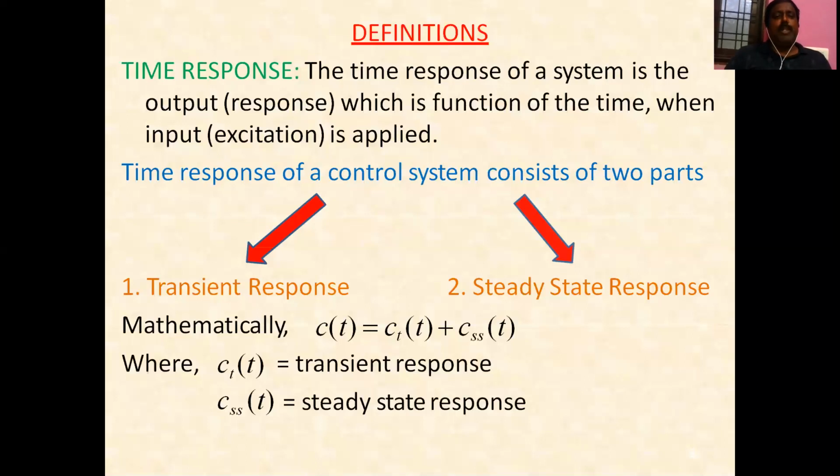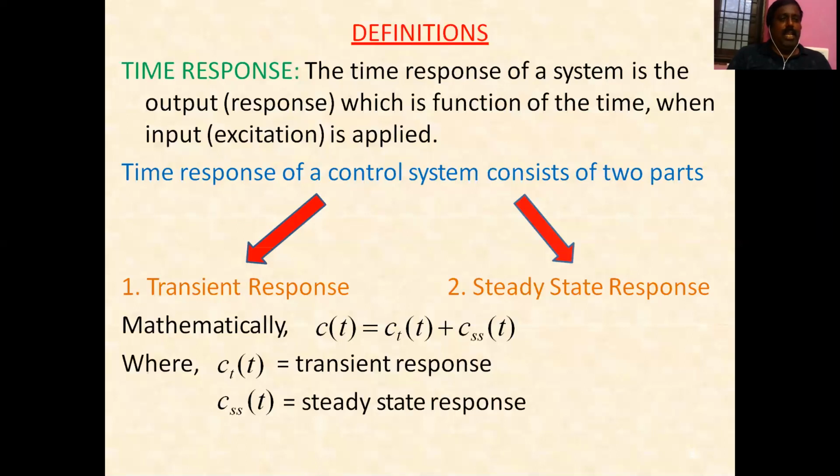The output with respect to time. And C of S is the output in the frequency domain. So from C of S, how to calculate C of t? By using the inverse Laplace transform. If you apply the inverse Laplace transform for the negative feedback system, then C of t is equal to Laplace inverse of R of s into G of s by 1 plus G of s into H of s.